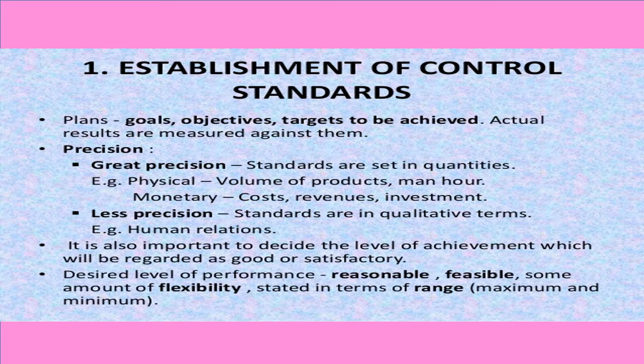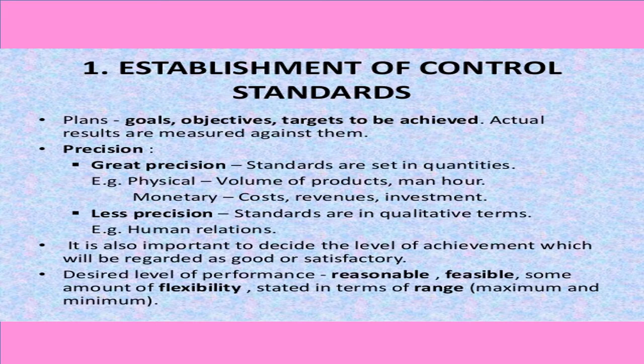So standard is nothing but the criteria against which the performance would be measured. It serves as a benchmark. Now I have the benchmark that 10 units need to be produced by workers. So when I am measuring the performance of every worker, I would say whether he has produced 10 units or not in a day.